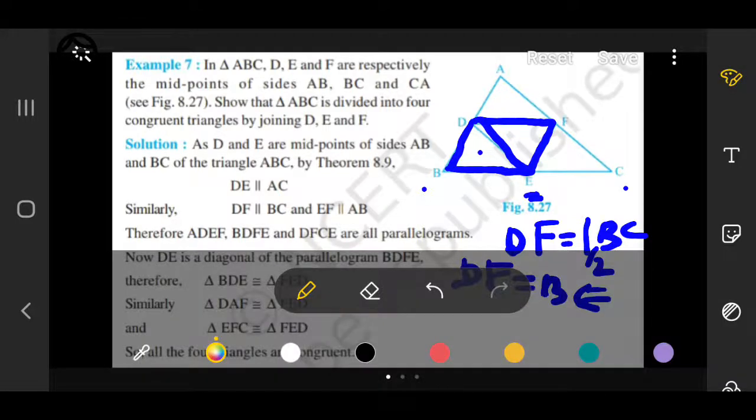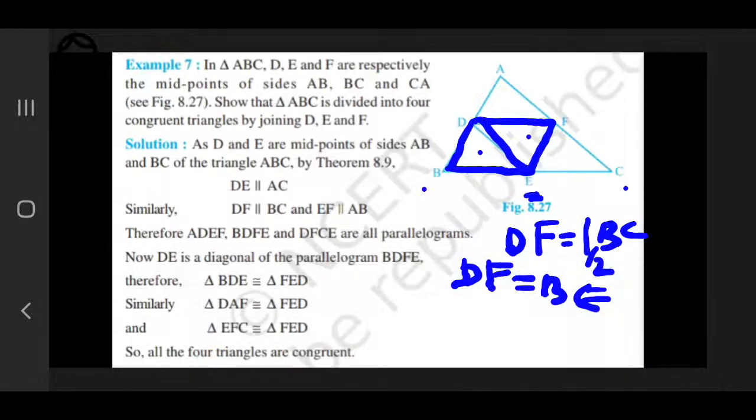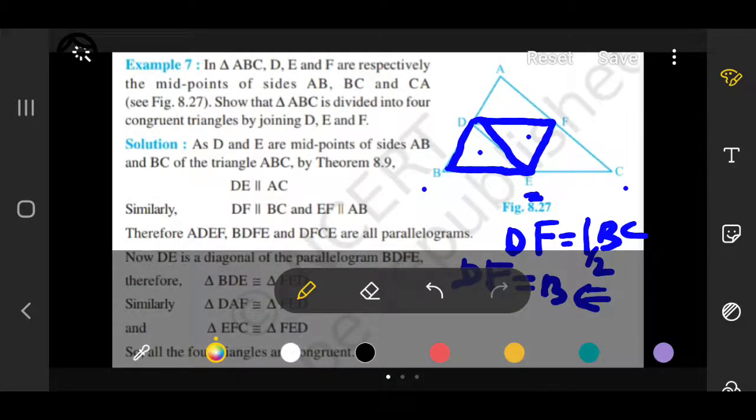The diagonal divides the parallelogram into two congruent triangles. So we proved that triangle DEB is congruent to triangle DEF. We have to prove that all four triangles are congruent.